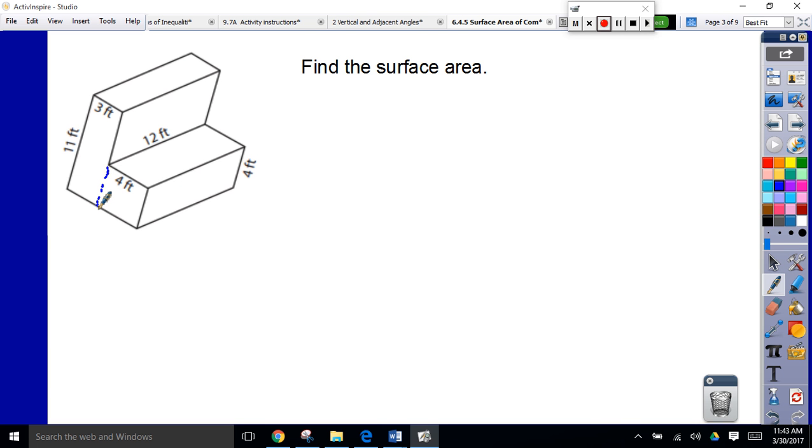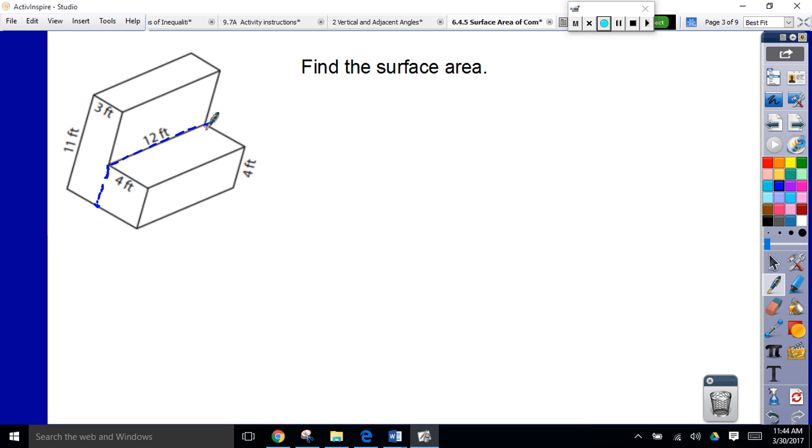There is a place, like right in here, there would be a plane, not a solid, a plane is like a piece of paper. So if we could slip a piece of paper in between there, they're touching at some point. So we can't use the whole surface area. So if you do it my way, what you have to do is take the surface area of the first rectangular prism, the surface area of the second rectangular prism, and then subtract all the stuff that they share.